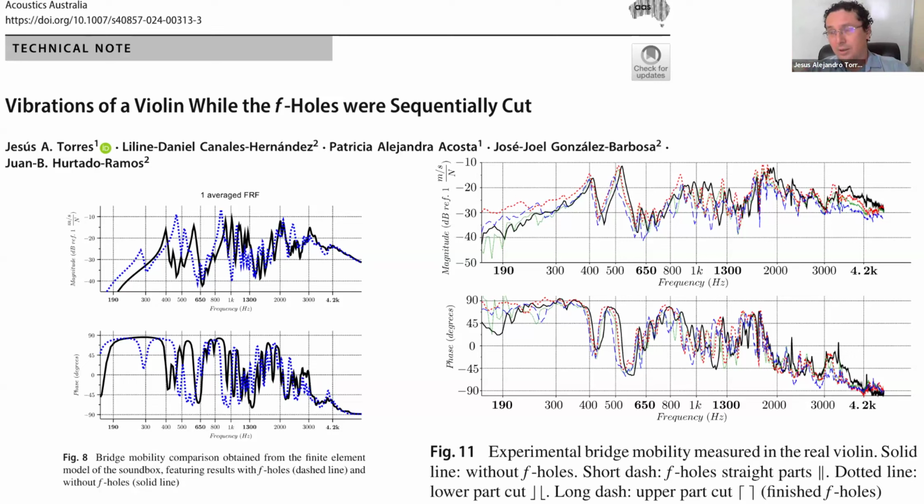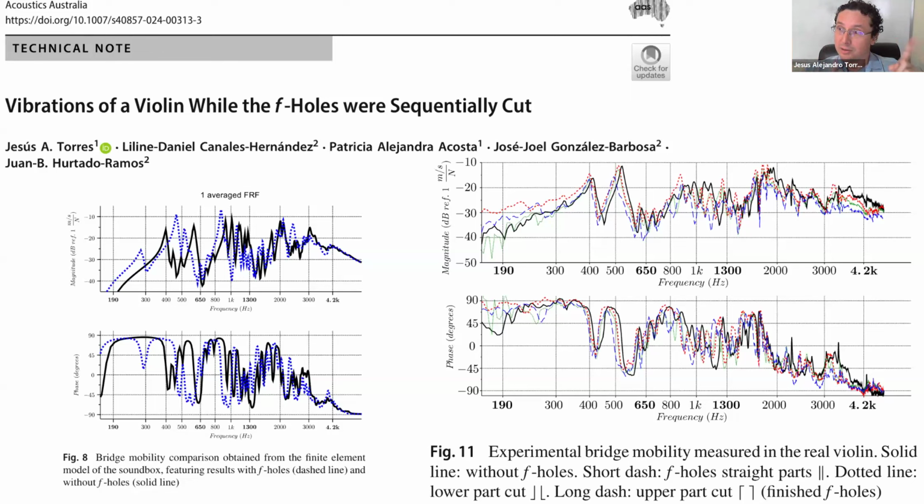Firstly, as you know, we think about the bridge rocking motion, the island, the bridge feet. But at least in my case, I really thought that bridge hill depends clearly on F-holes.